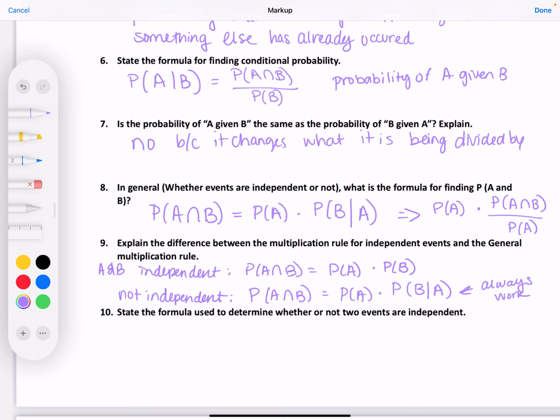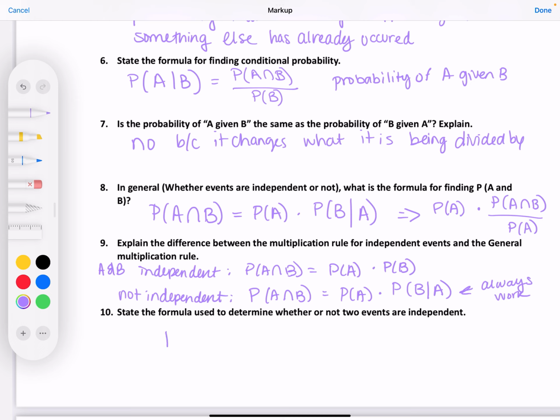All right, state the formula used to determine whether or not two events are independent. Do you remember what that formula was? Or what we use to prove that they're independent? Do you need me to tell you what it is?